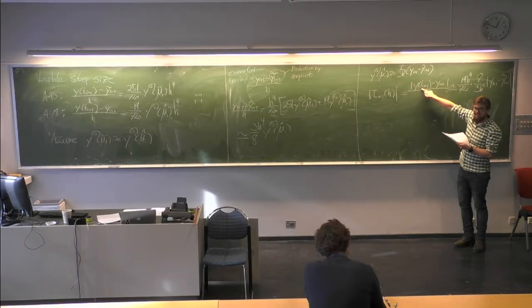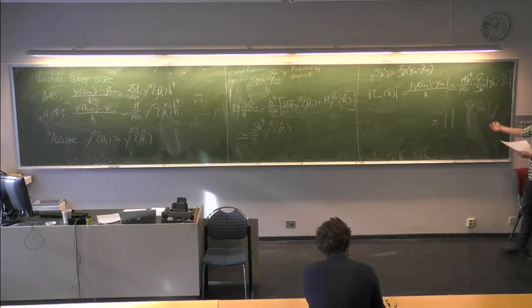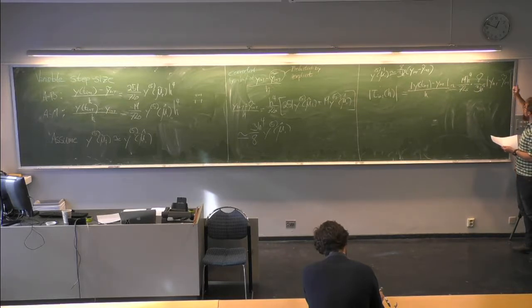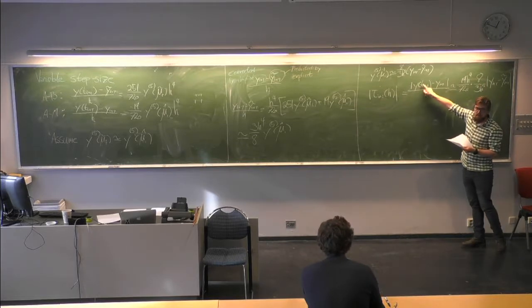They look similar, but then I don't have to introduce a lot of different variables. And they are very related. That's why the prediction, correction, and the absolute correct one, we don't know.